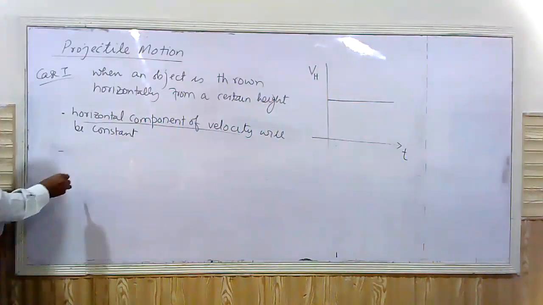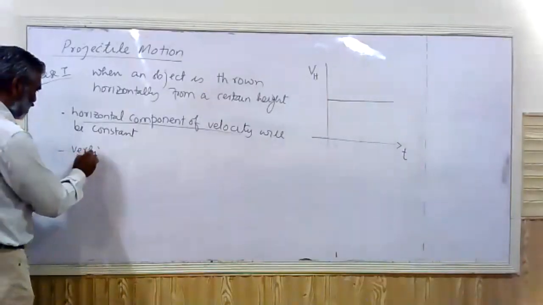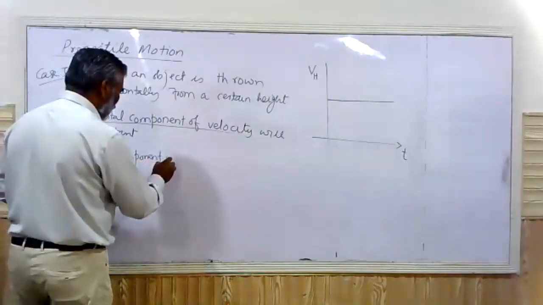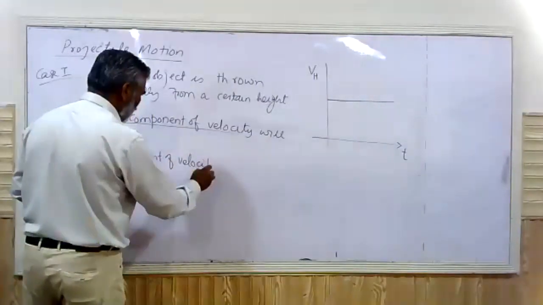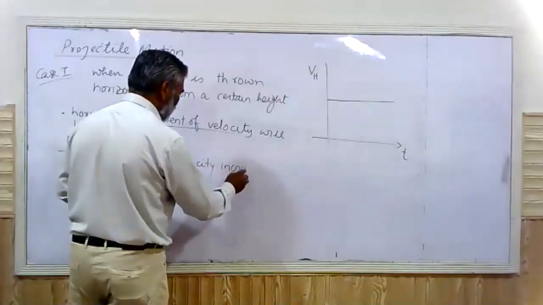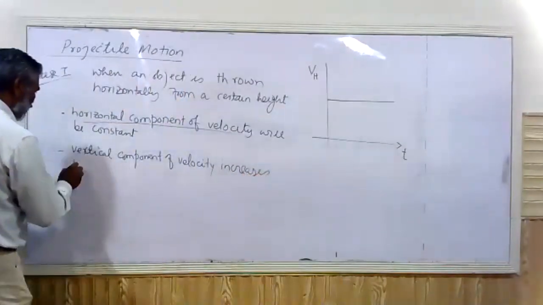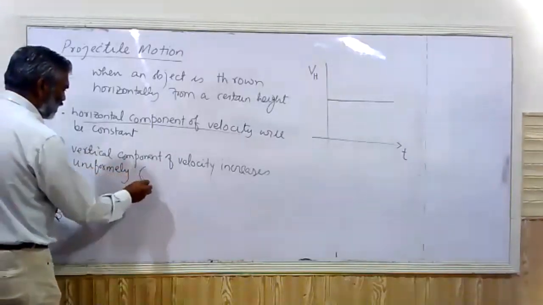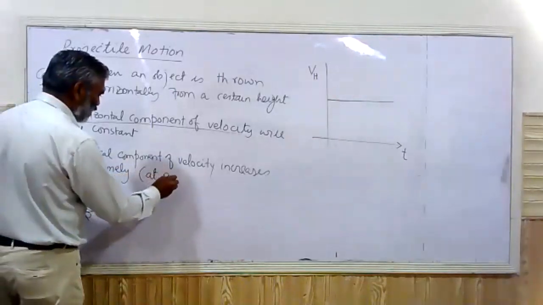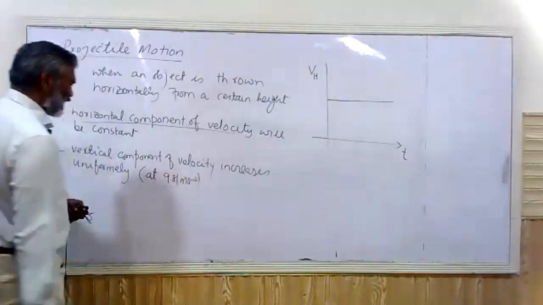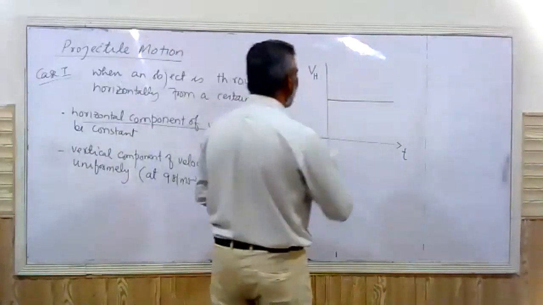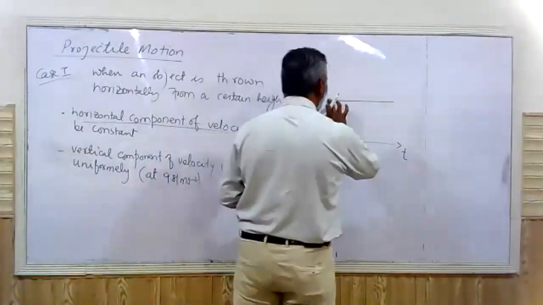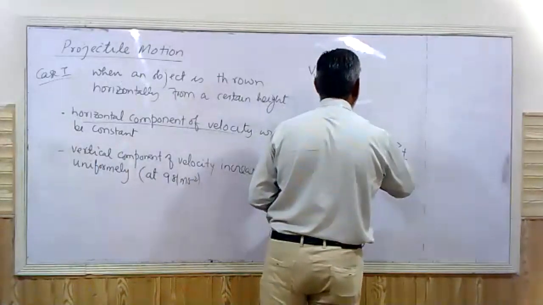However, the vertical component of velocity increases uniformly with the same acceleration, 9.81 meter per second square. So if they ask me to show the vertical component of velocity, VV, it will be this shape.